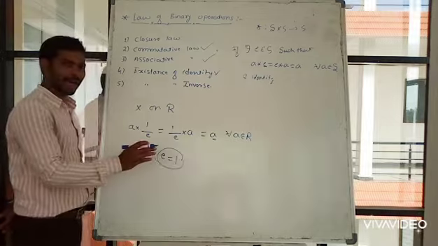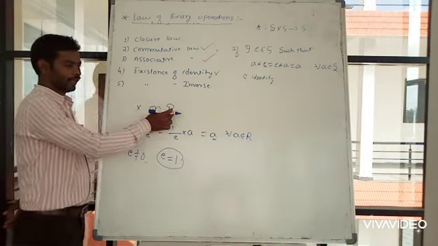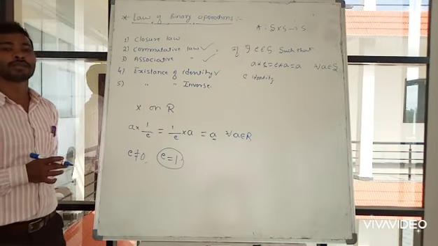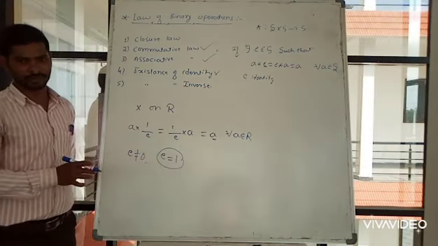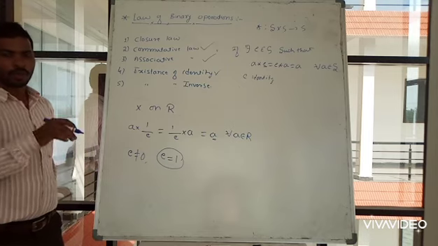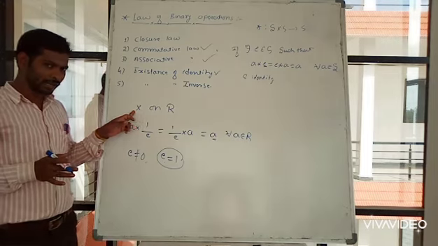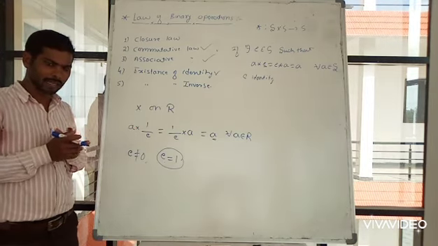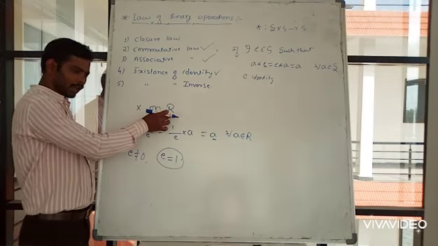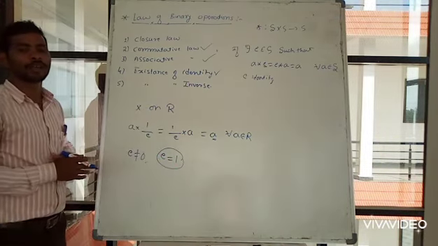So 1 is called the multiplicative identity on the set of all real numbers. Remember this, right? What is the additive identity? If this operation is addition, the additive identity is 0, which I discussed in the last example. If this operation is multiplication on the set of real numbers, the multiplicative identity is 1.